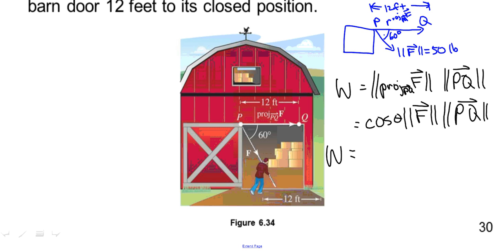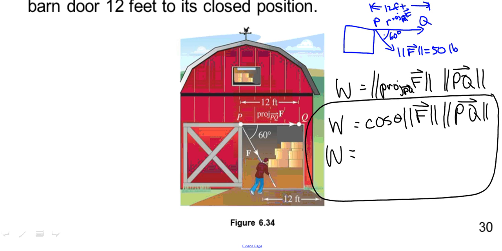But then this version says that that's the cosine of theta times the magnitude of the force times the magnitude of PQ. I know it's a lot, and there's a lot in this chapter anyway, and that's why I'm telling you right now that if I give you a work problem, it's going to be just exactly like this.